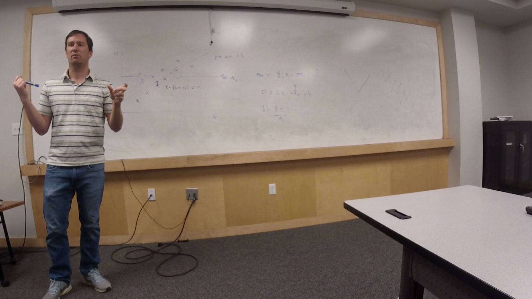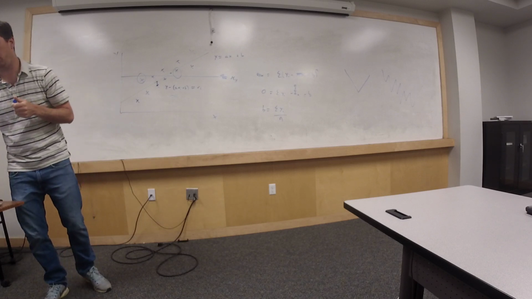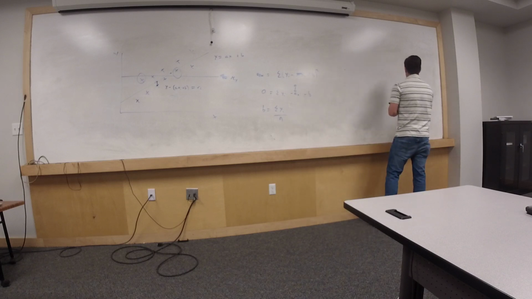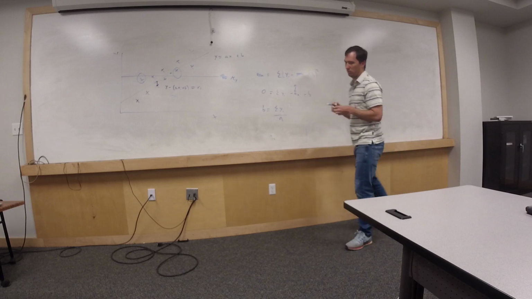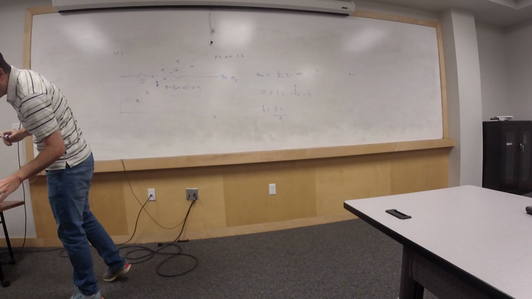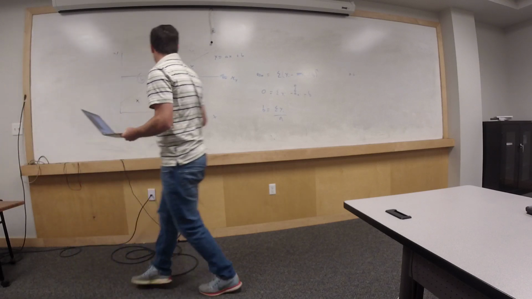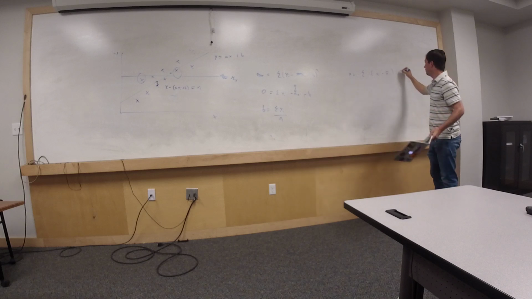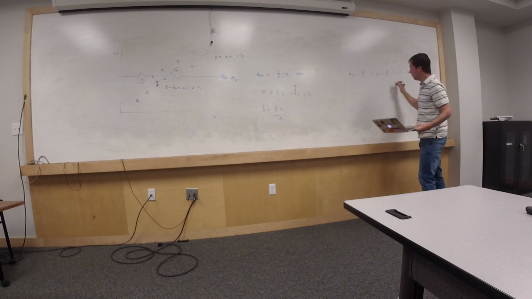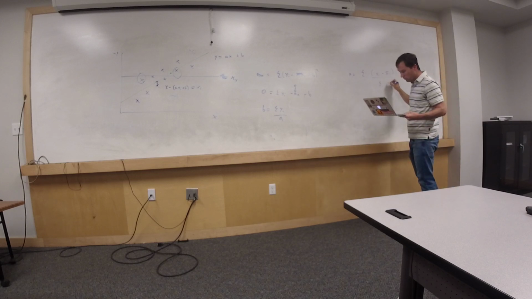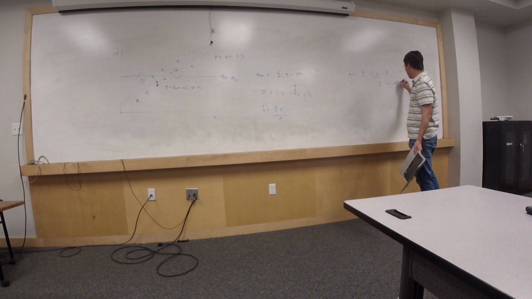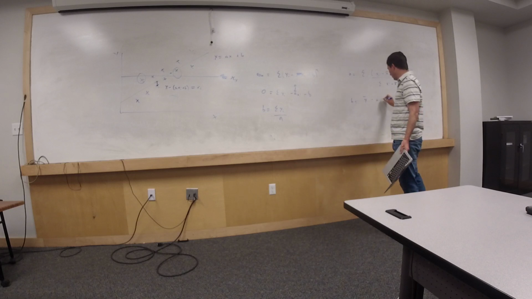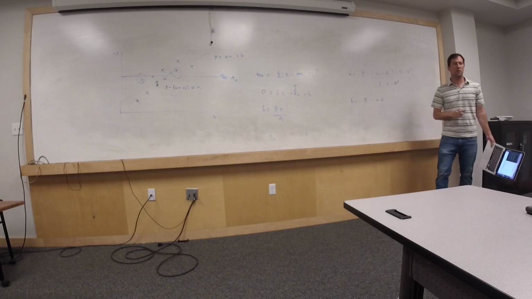We take the derivative, set them to 0, and what we come up with is, so the bars here mean the mean.